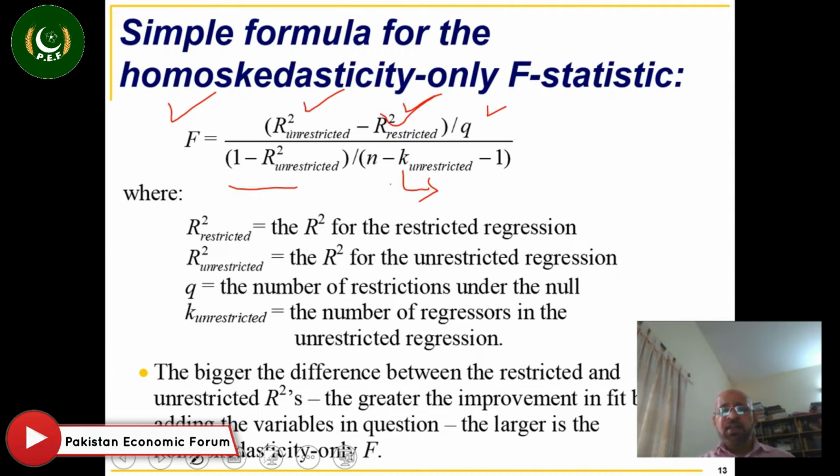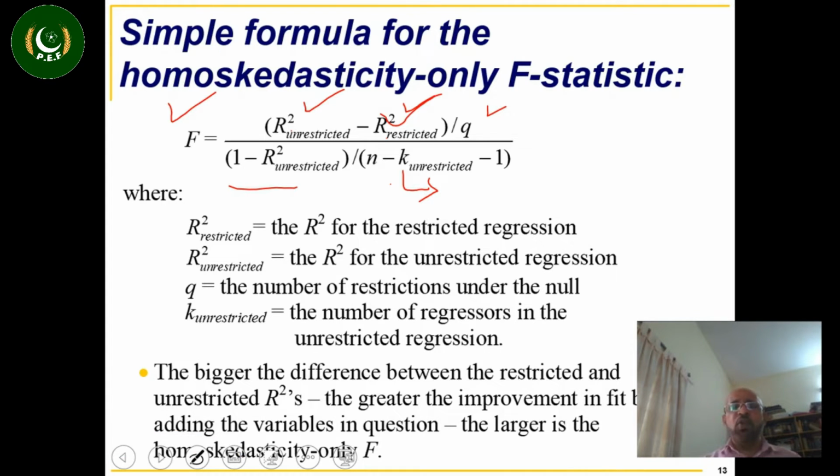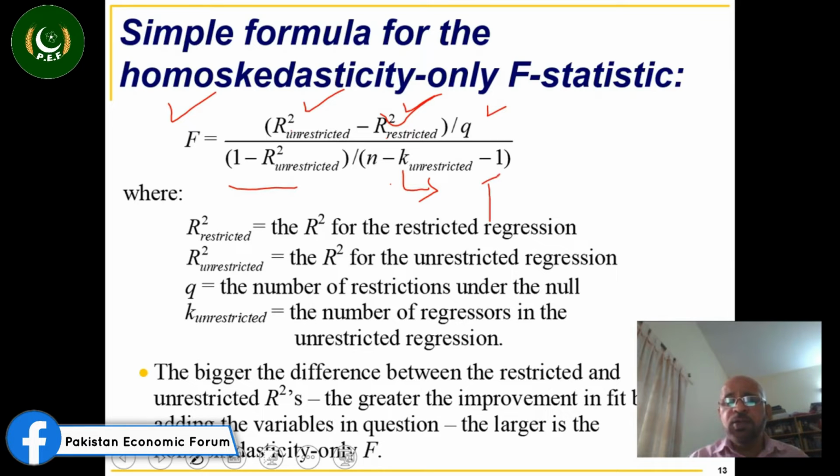Many of you may be familiar with a slightly different statistic. That's more or less the same. That is, F is equal to the residual sum of squares of the restricted model minus the residual sum of squares of the unrestricted model, divided by q, divided by the residual sum of squares of the unrestricted model divided by n minus k minus 1.